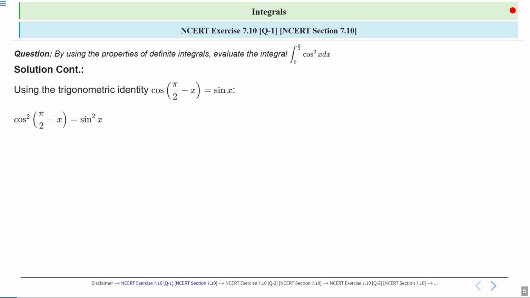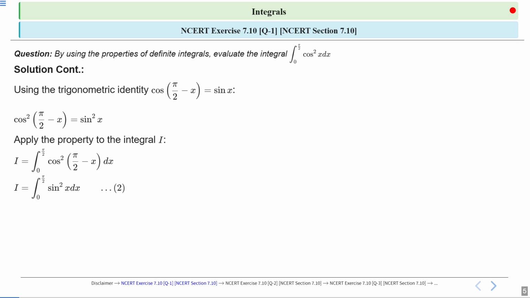So cos square of pi by 2 minus x becomes sin square x. Applying the property, my integral becomes integral from 0 to pi by 2 of sin square x dx. Consider it as equation number 2.